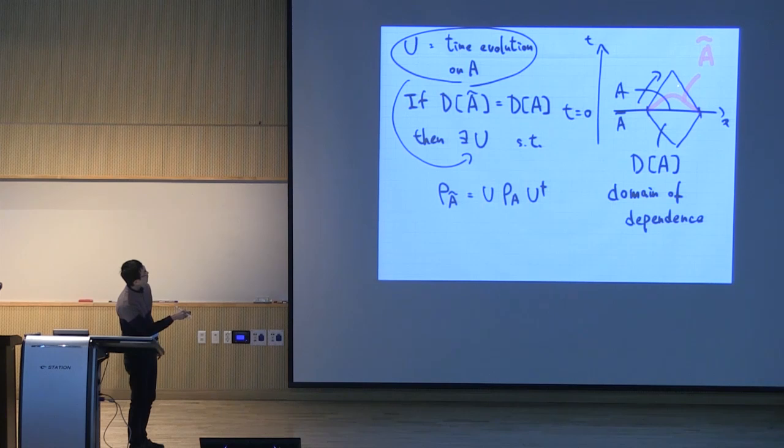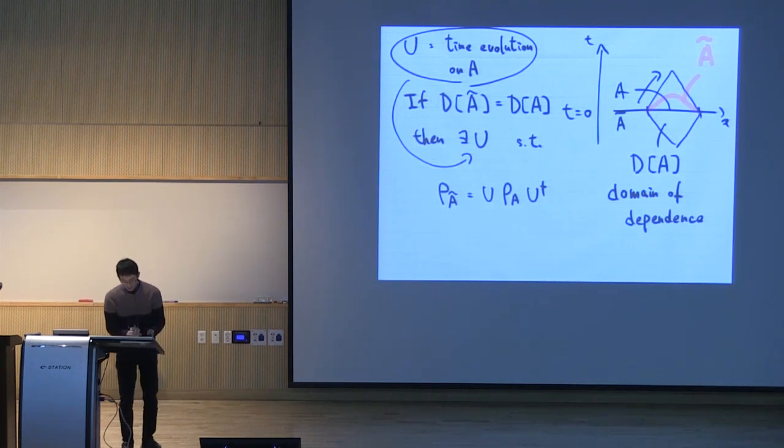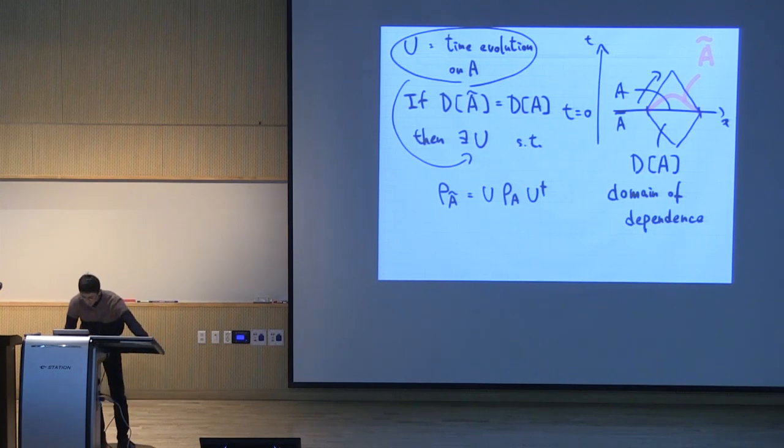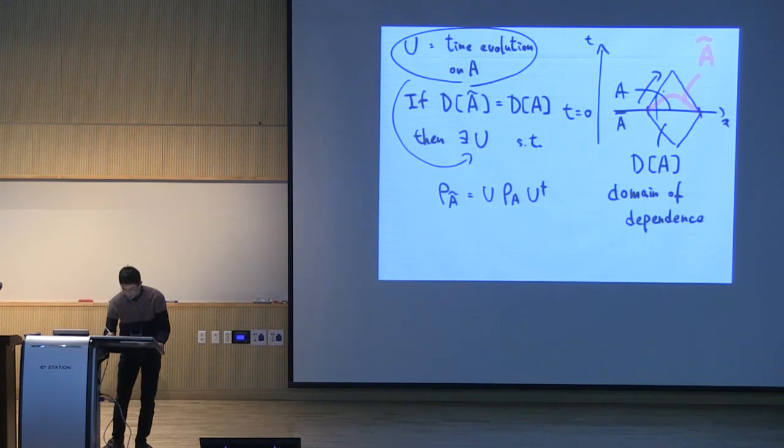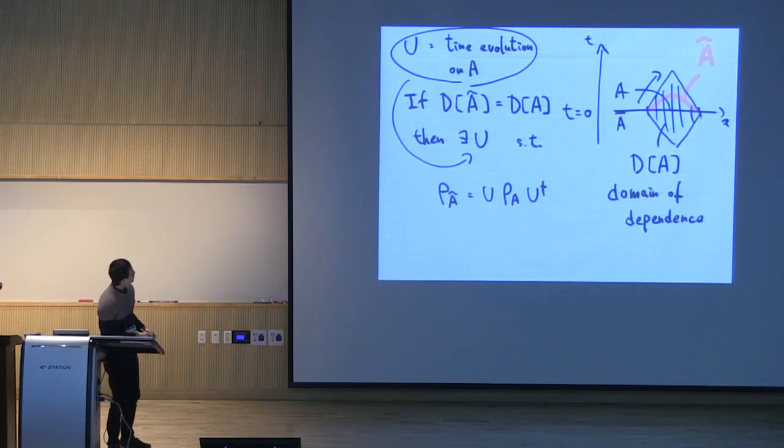So all the information inside the domain of dependence is also uniquely fixed by the initial condition on A tilde. So you can take any slice which has the same domain of dependence as A, if you like, to specify all the measurements, all the information inside D of A.